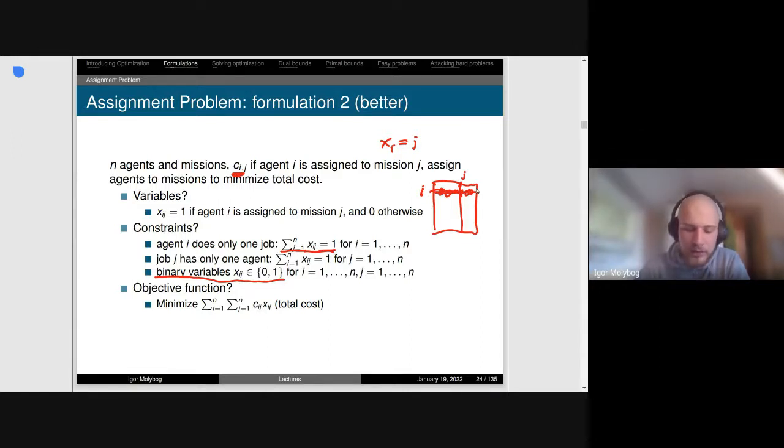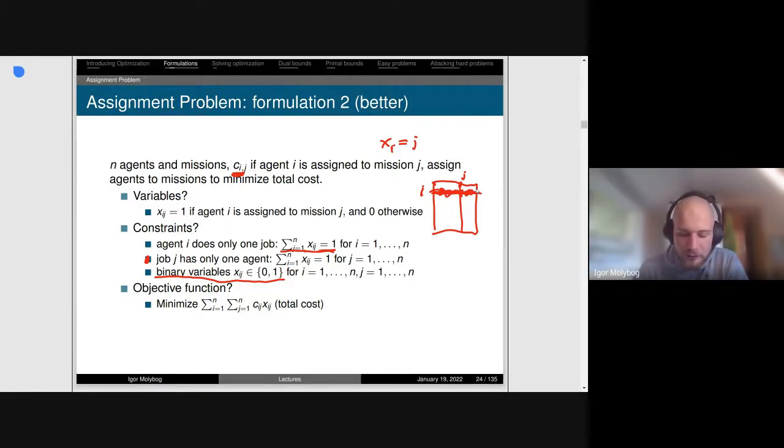And this time we actually need to impose the constraint that job j has only one agent, which is basically saying that each agent must hold exactly one job. In every row, there must be exactly one as well.